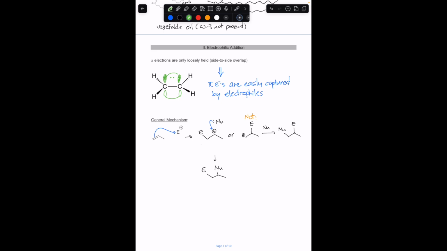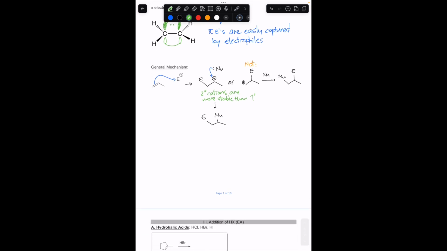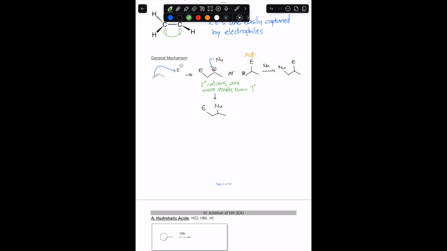Because secondary cations are more stable than primary. Okay, so this regiochemical preference, remember regiochemical means like what part of the molecule. And that's called Markovnikov product.